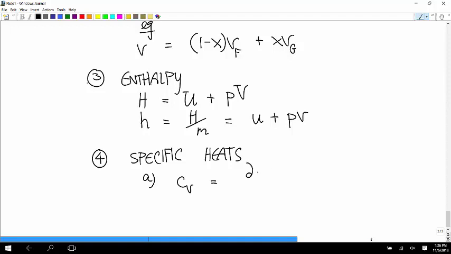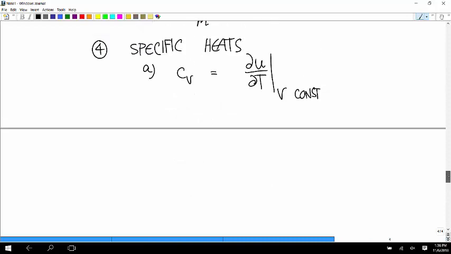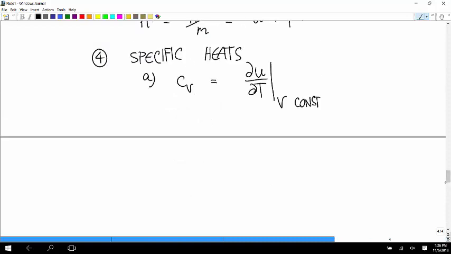Partial of U with respect to temperature, holding the volume constant. And then C sub P is the partial of H with respect to temperature, holding the pressure constant.